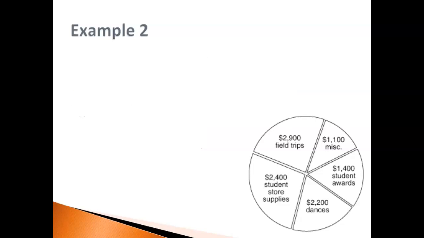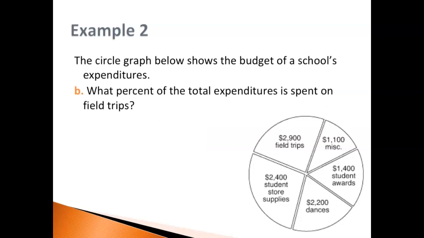Okay, now part B. What percent of the total expenditures is spent on field trips? Well, since we know we have 2,900 that's spent on field trips, and the total we found was 10,000, and we want to find the percentage, in other words, we want to find what x is over 100, then we can set that proportion up and cross multiply.